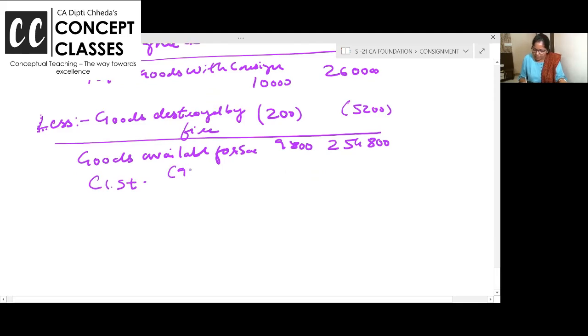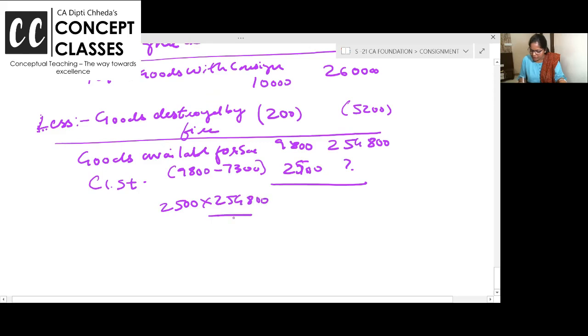Closing stock: 9,800 minus 7,300, 2,500 units. का कितना? 2,500 into 250 for 800, divided by 9,800. 65,000.